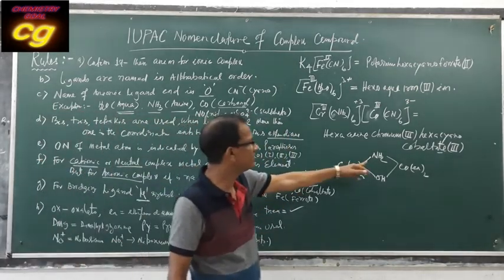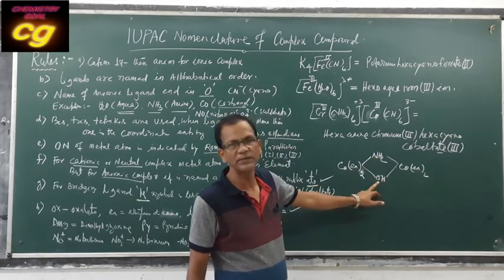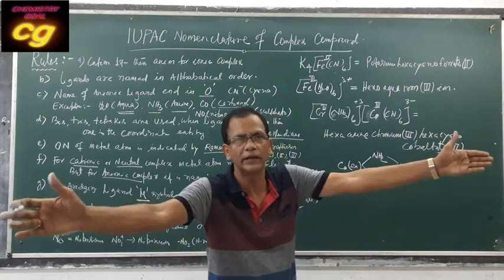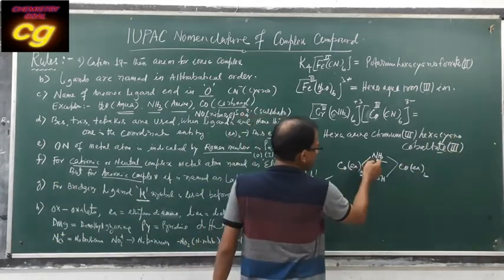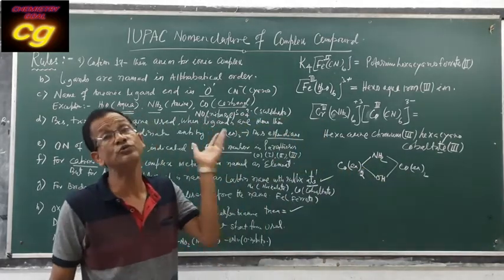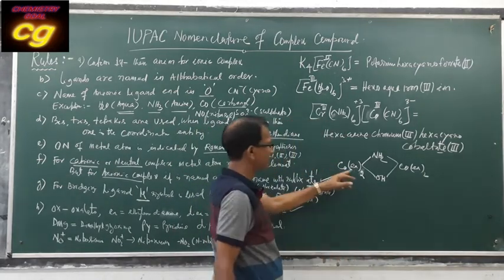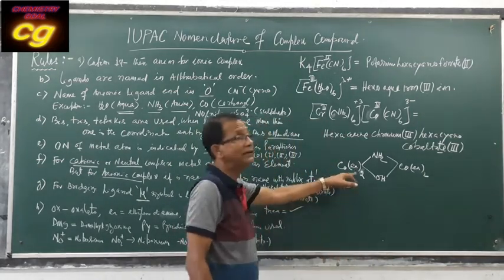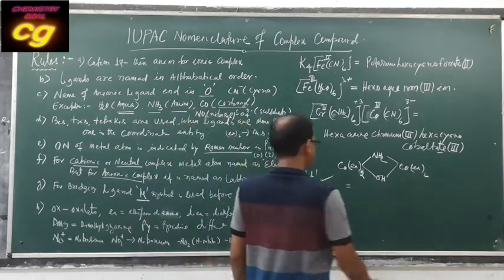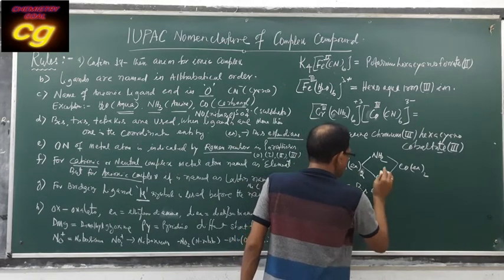It is a bridging complex. This part is a bridging site. What is a bridging ligand? Ligands connected to two metal atoms. So NH2 connects Co and Co. That is bridging. Bridging means we have to use the mu symbol. So what is the name? You can start here. First, as it is ethylenediamine, we can use bis, ethylenediamine.